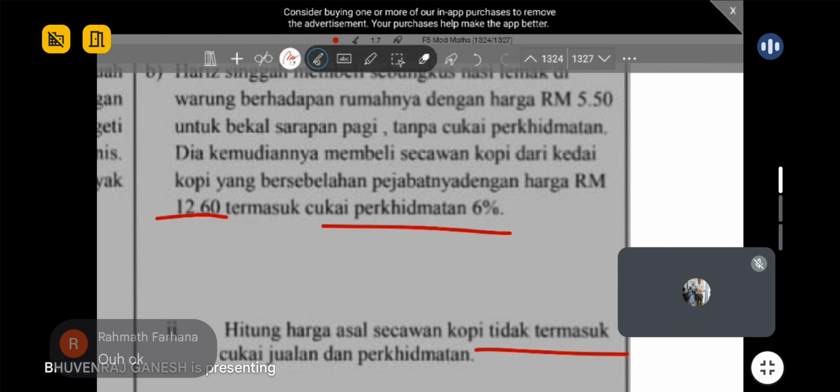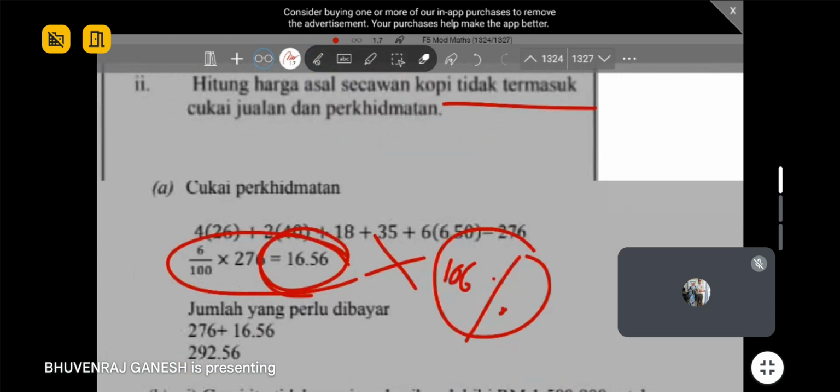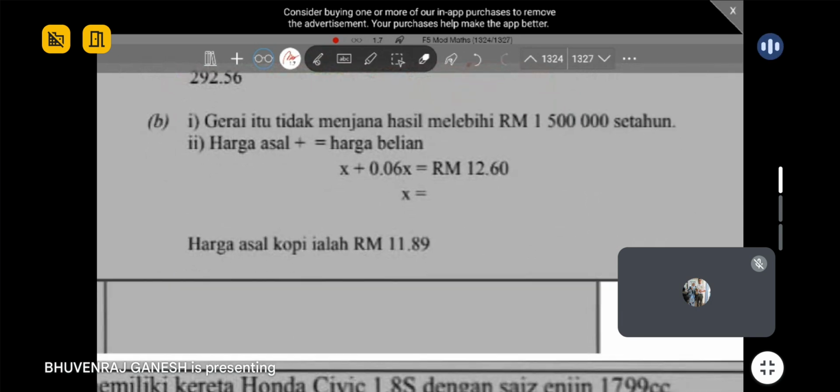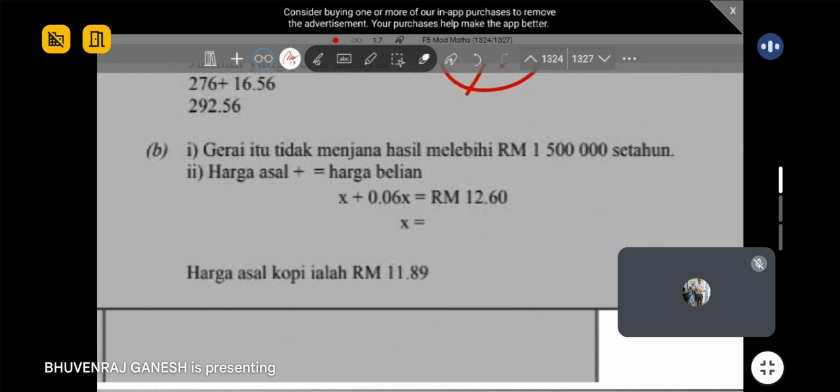So basically you must form the equation. We can make an assumption: X is the original price for the coffee, harga asal. The original price plus the tax gives you the latest price.